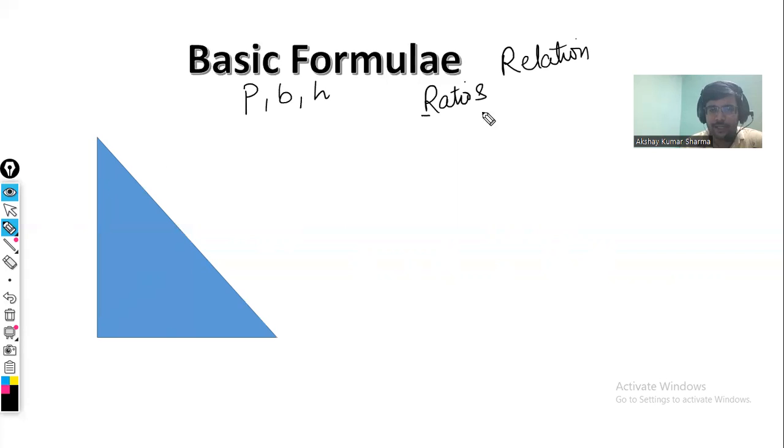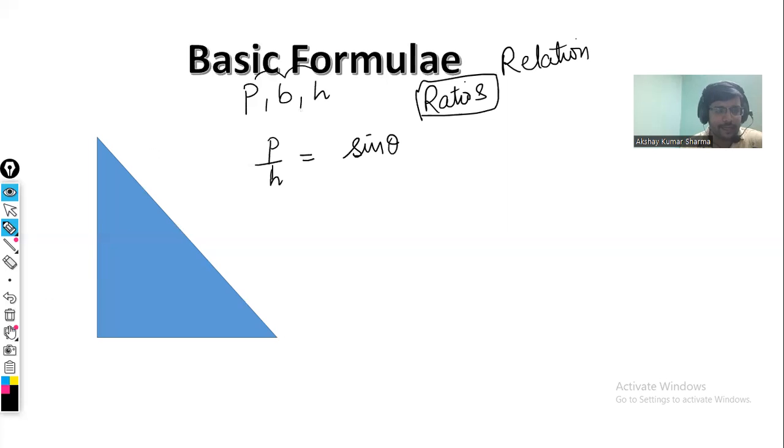So basically these ratios or relations will be formed by these three only. How can we write it? Let's write it down. First one: p by h, that is perpendicular and hypotenuse, not height, is called sine theta.